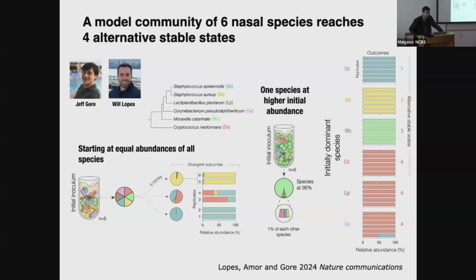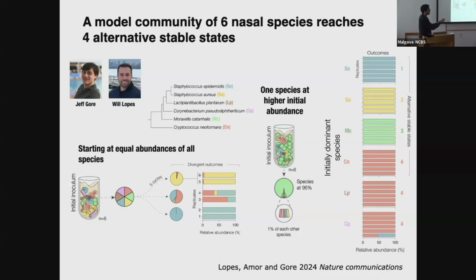Are there replicates of this experiment? Yes, each bar is a replicate. So we did 6 replicates here, starting with Staphylococcus epidermidis at 95%. After 5 days, there was only Staphylococcus.